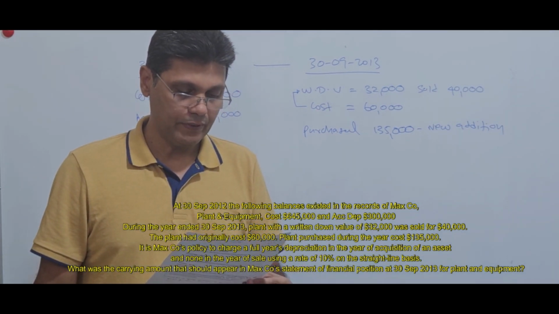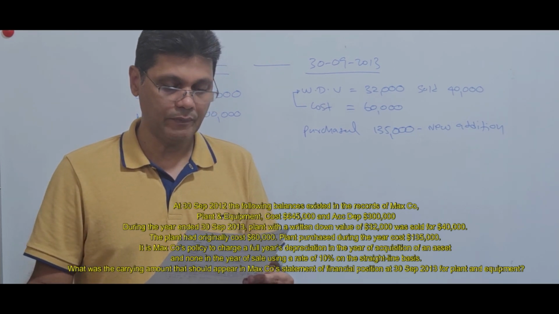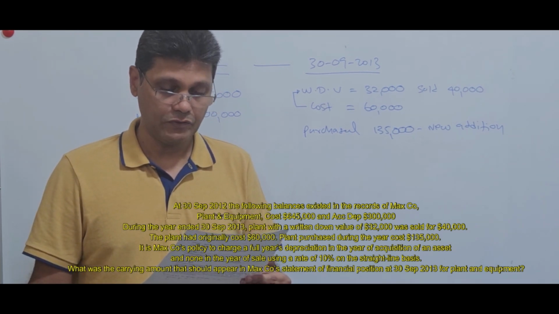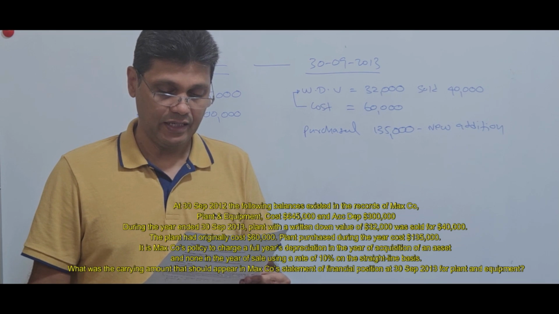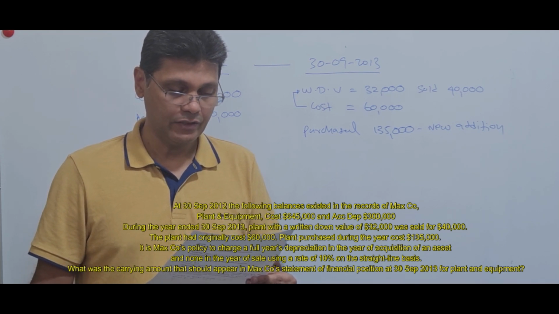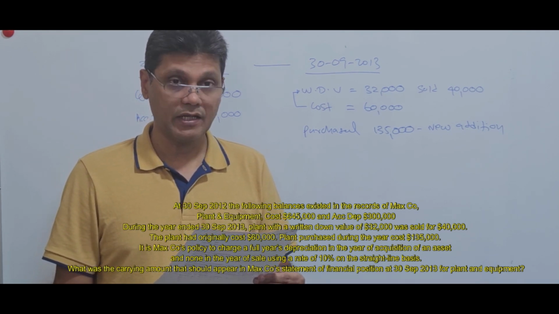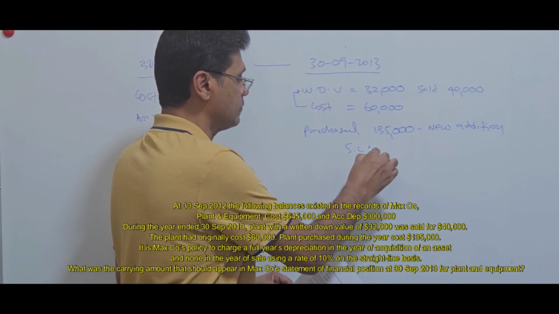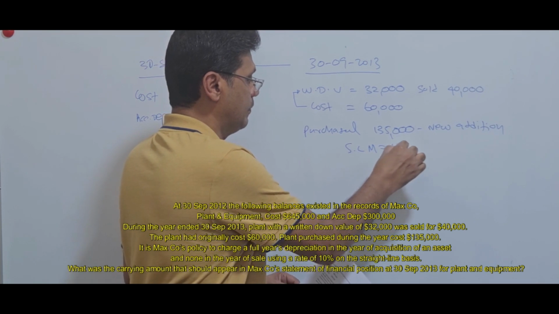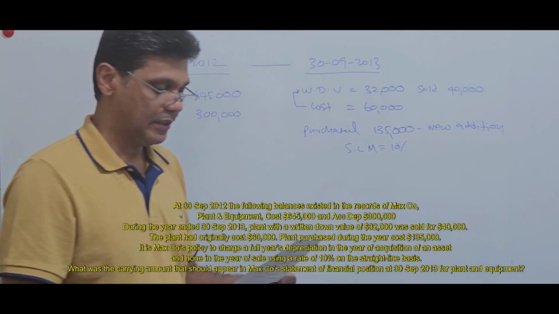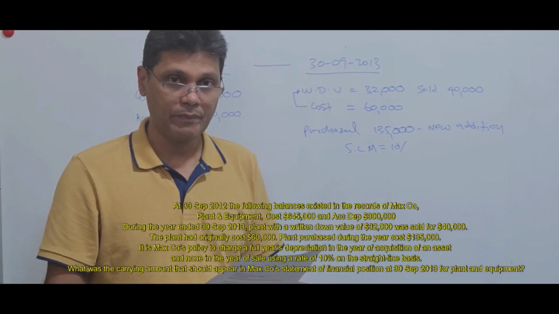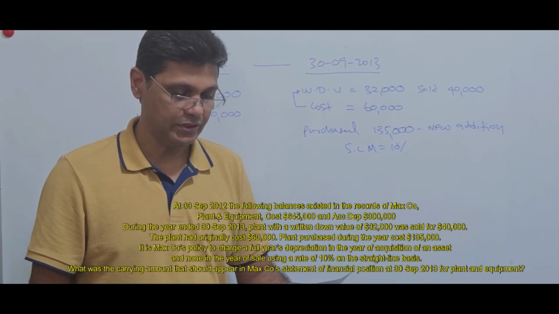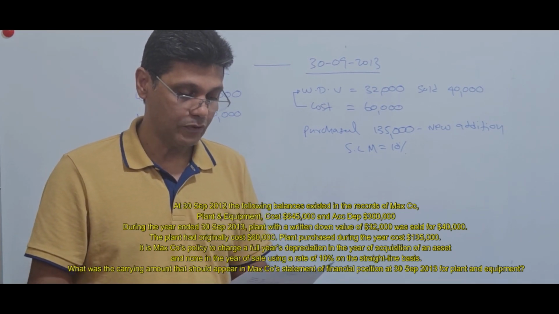It is Max Company policy to charge a full year's depreciation in the year of acquisition of an asset and none in the year of sale, using a rate of 10% on the straight line basis. So the policy is full depreciation in the year of acquisition regardless of the date of purchase, and no depreciation in the year of disposal.